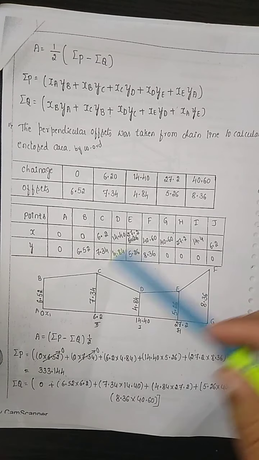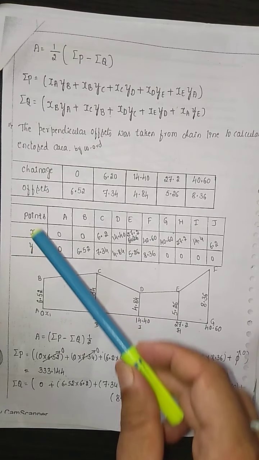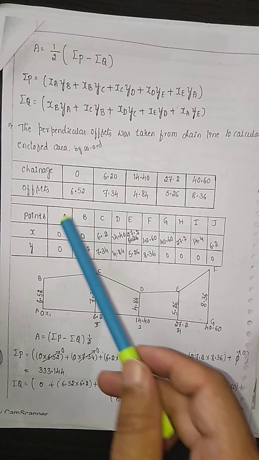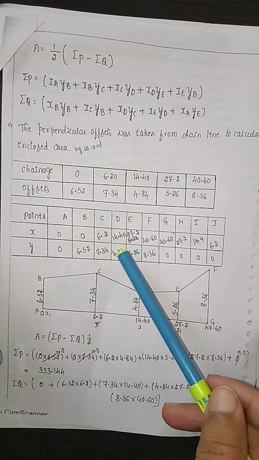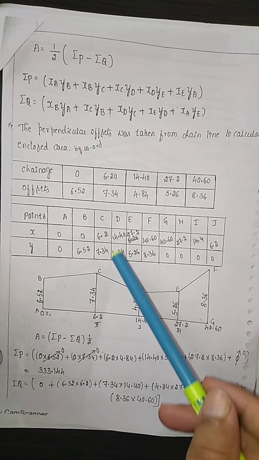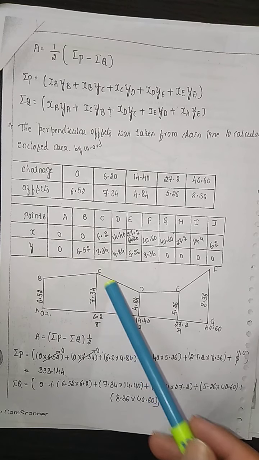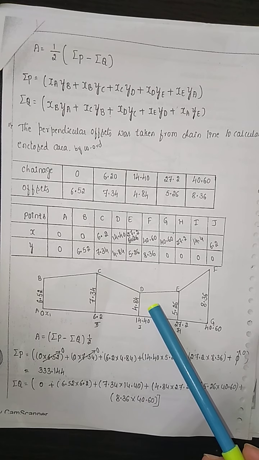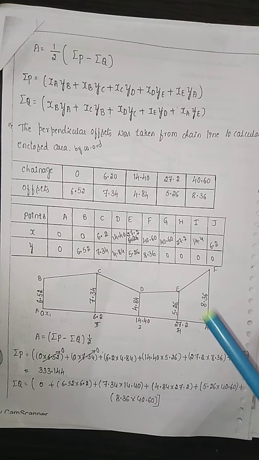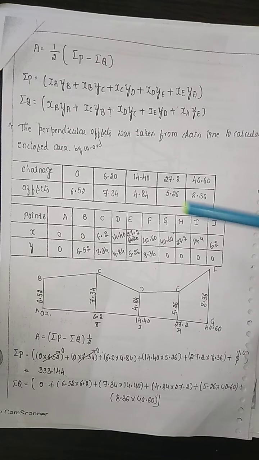Along with the points, the coordinates are: A is 0, 0; B is 0, 6.52; C is 6.2 and 7.34; D is 4.84 and 14.4; E is 5.26 and 27.2; F is 27.2 and 5.26.